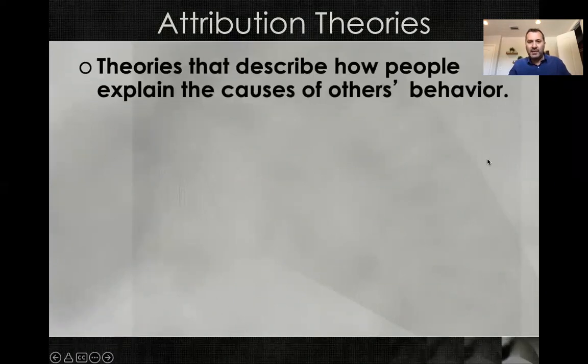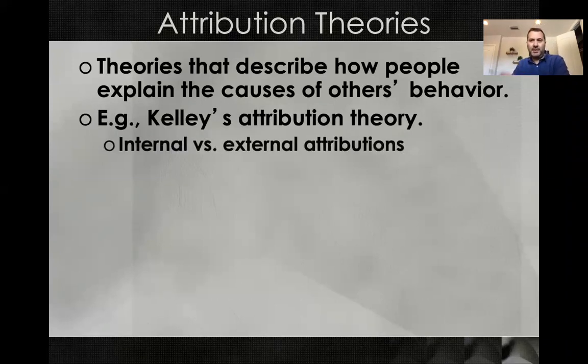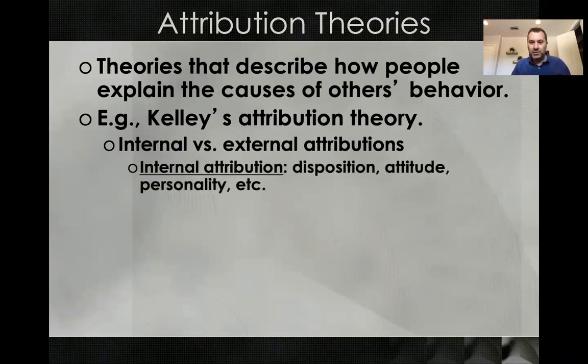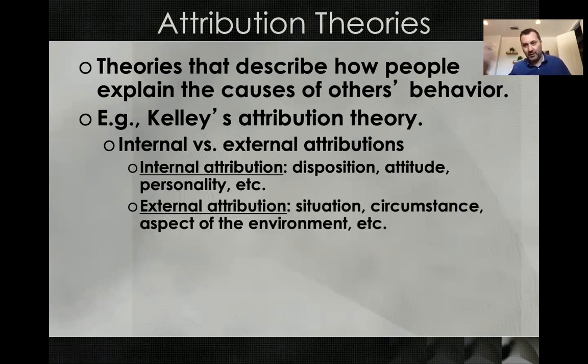I had just introduced this idea at the end of last class by introducing Kelly's attribution theory, which came out in the 1970s. Harold Kelly was interested in knowing how people make internal versus external attributions. An internal attribution is when we explain someone's behavior in terms of their personality, and an external attribution is when we explain people's behavior in terms of the situation.